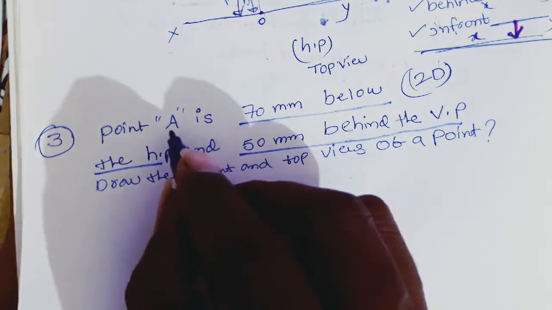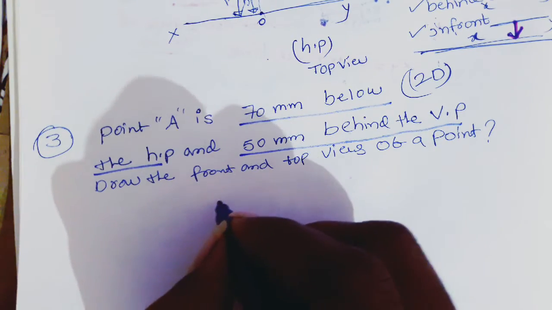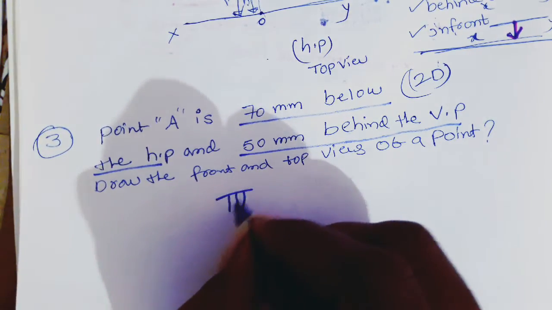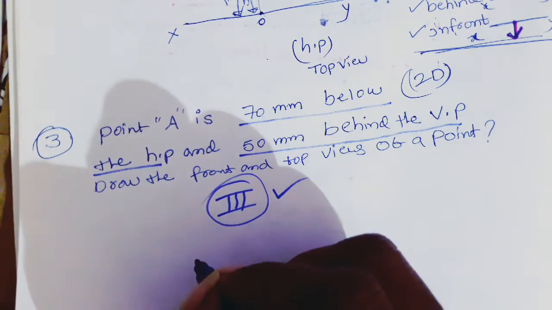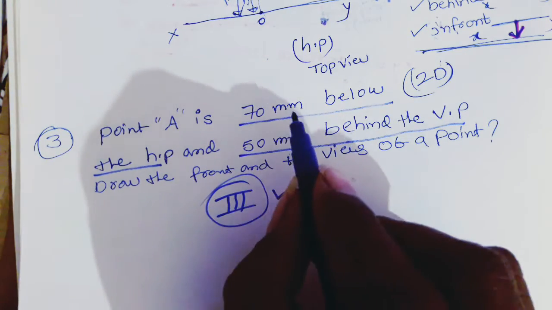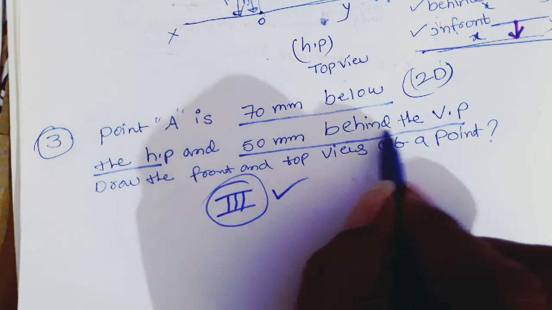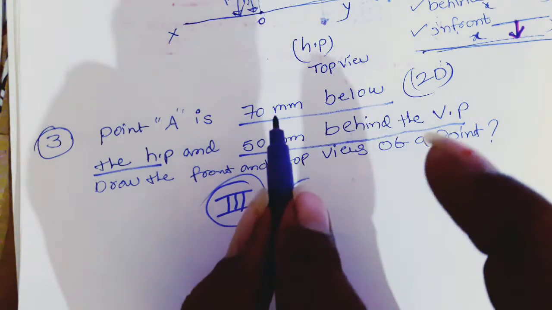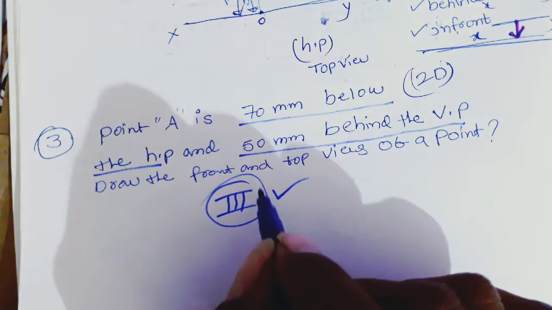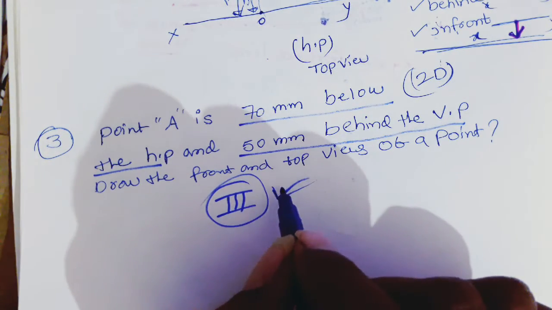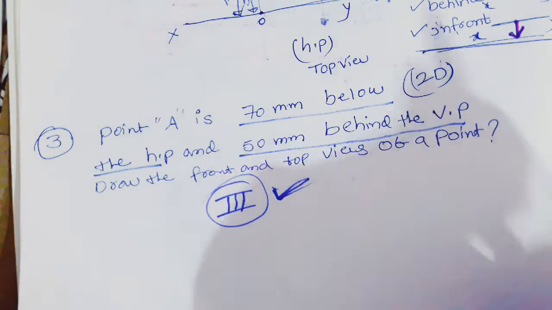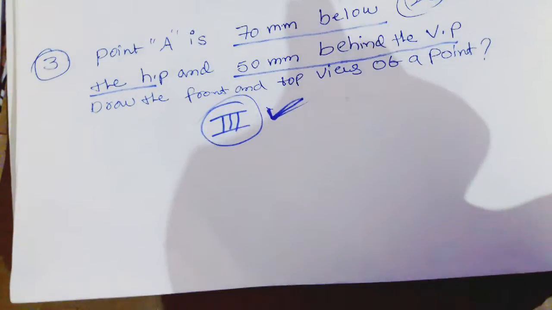This point will be in the third quadrant. When below the HP and 50 mm behind the VP is given, blindly you have to imagine that this point's position will be in the third quadrant.